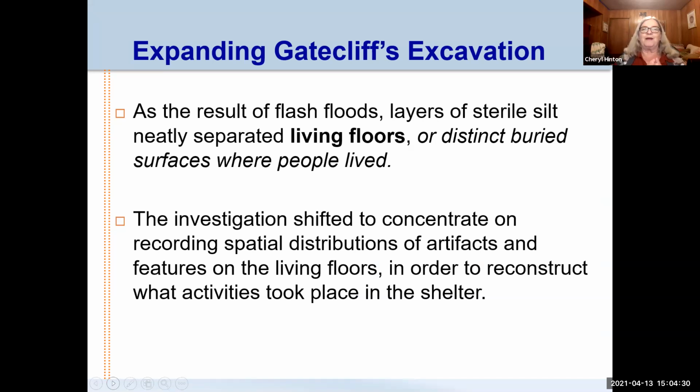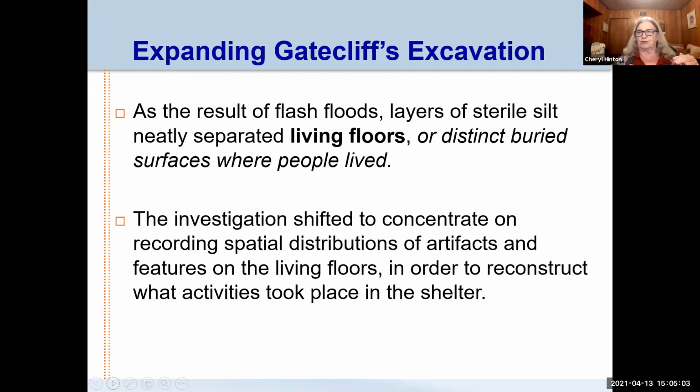All right, so in the Gate Cliff excavation, we talked about last time these flash floods that actually revealed some living floors that we didn't see before. In this Gate Cliff cave, we see these distinct living floors. And in some of the other areas around the desert in Nevada, we saw some flash floods that did some other things. Flash floods helped separate what we call living floors.